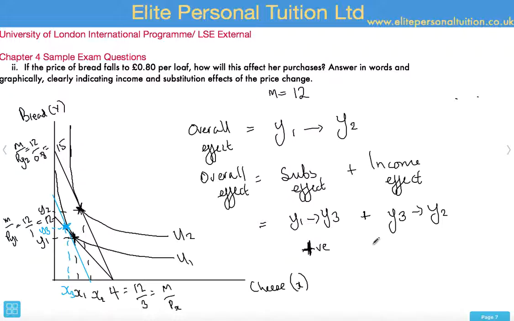And in this case, the income effect was also positive, which implies that y is a normal good.